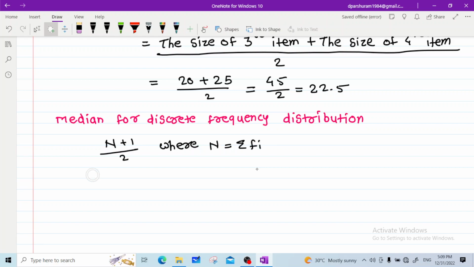If the total number of observations capital N is even, then we have to find the value of the N by 2 item plus the N by 2 plus 1 item, divided by 2.